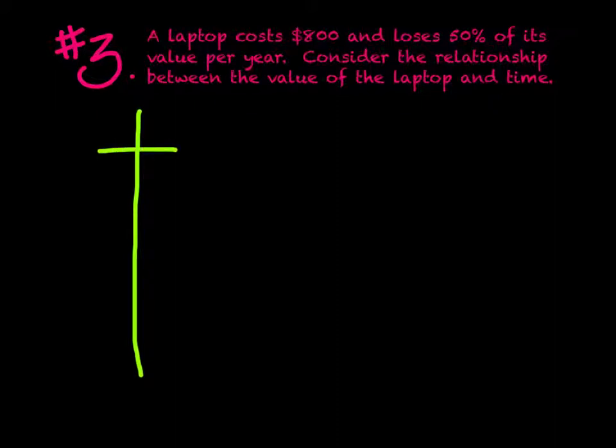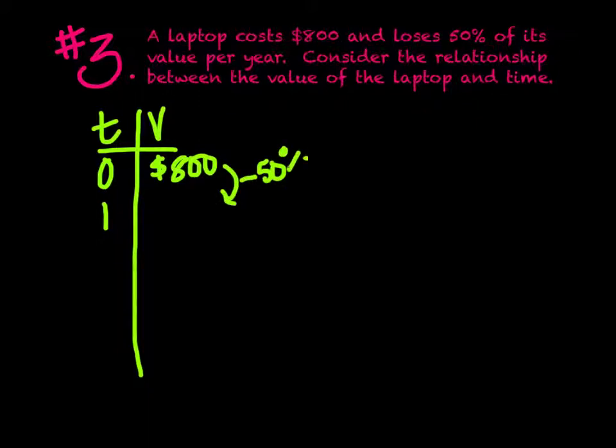So if we were looking at time versus value, we could say initially, when they first purchase a laptop, we have that starting value of $800. After the first year, that value has decreased by 50%. So that means our value is now $400. After 2 years, the value has again decreased by 50%, so now it's $200.